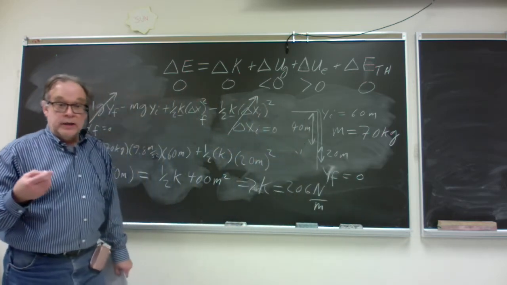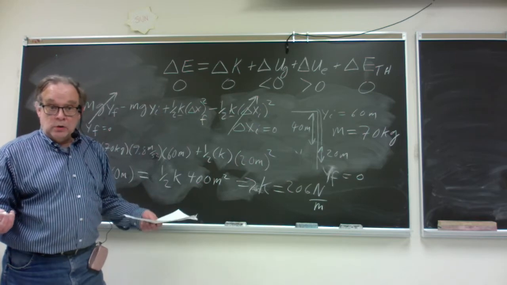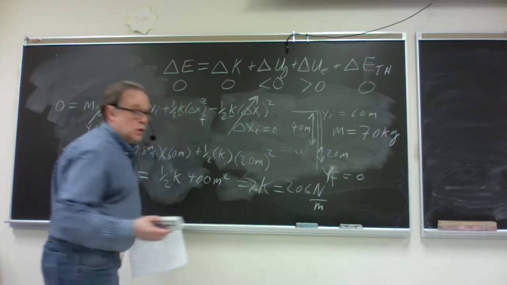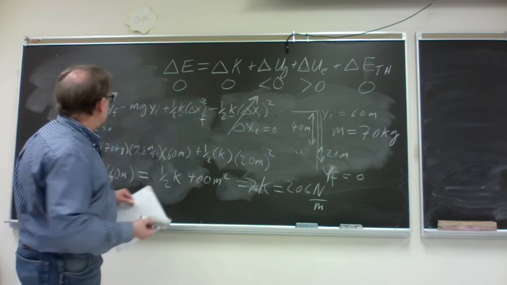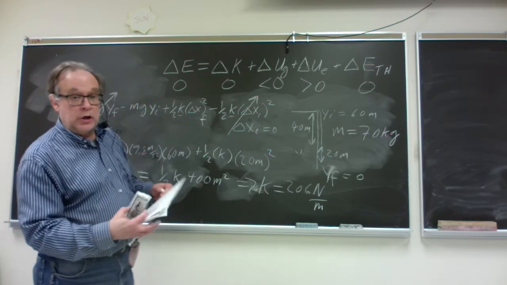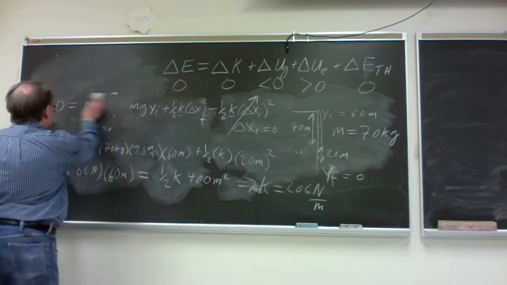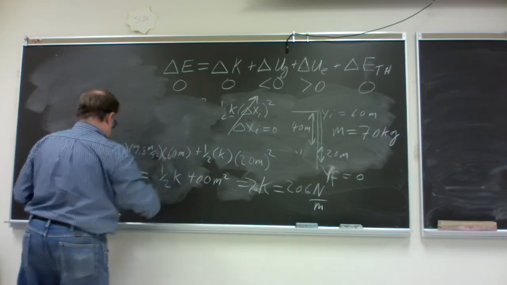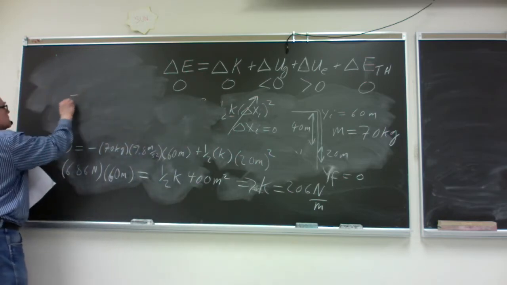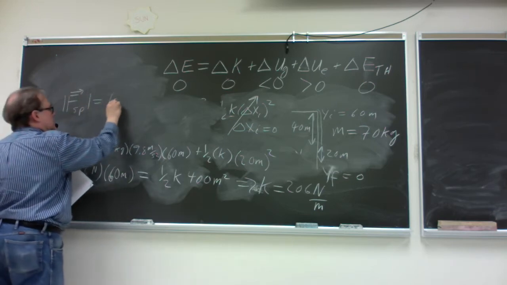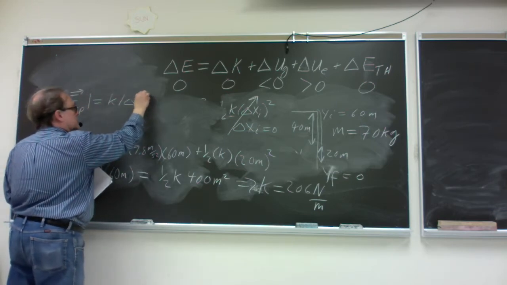Newtons per meter is the normal unit label for K, because remember, where did that K first appear? It appeared in an equation for a force, the spring force. So the magnitude of the spring force is just K times the magnitude of the displacement.